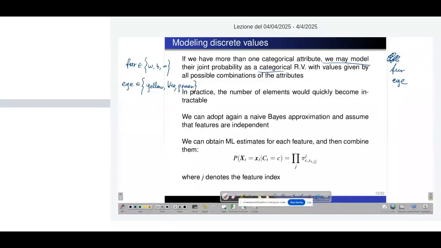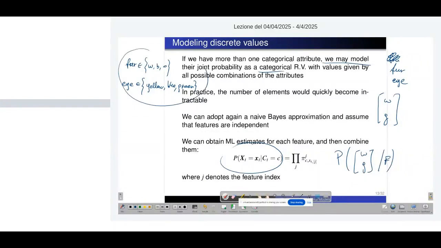So, in this case, each sample will have a fur color, for example white, and an eye color, for example green. Now, we need to define a model, again, that gives us class conditional densities. It needs to be able to compute the probability that I observe white fur and green eye given the female.